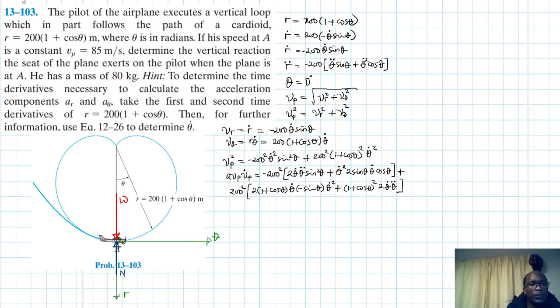Okay, square. Now with this, let's work on the first equation, this one here. We know that our VP is equal to 85, so that we find theta dot, and our theta is equal to 0 degrees.